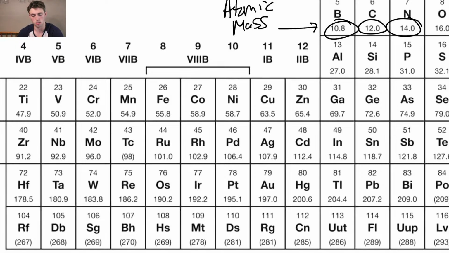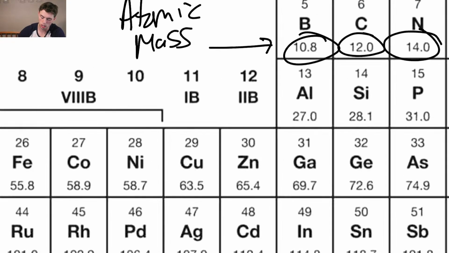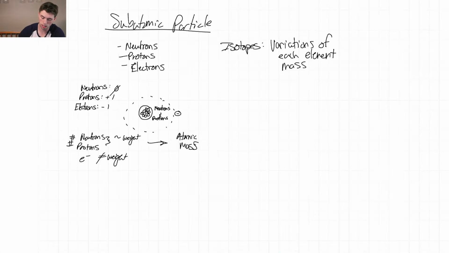I'm not going to go through the math. It's not that important. However, if you look above here, we have atomic number. Coincidentally, atomic number tells us how many protons.